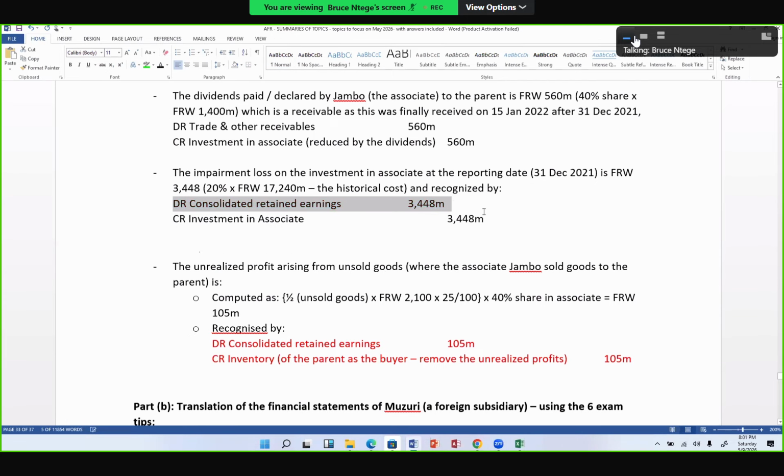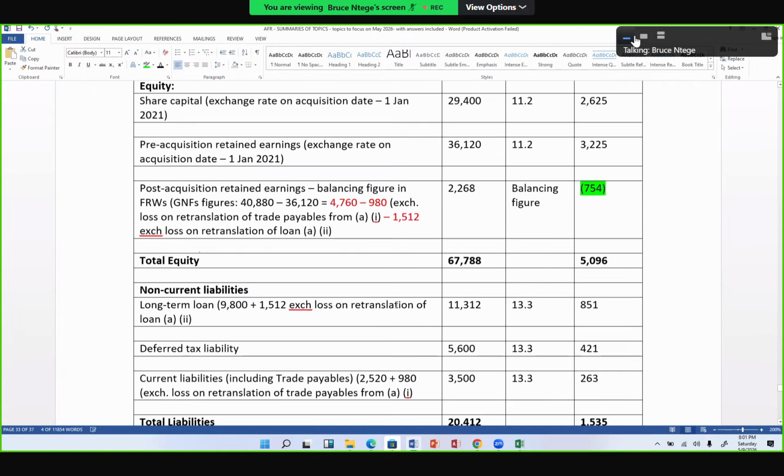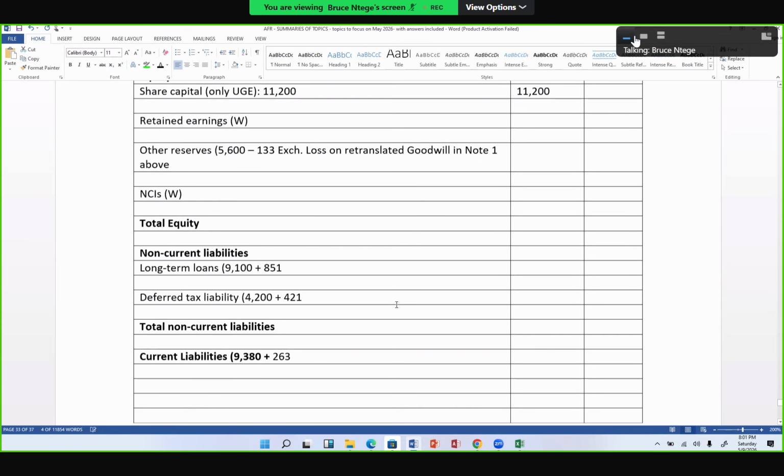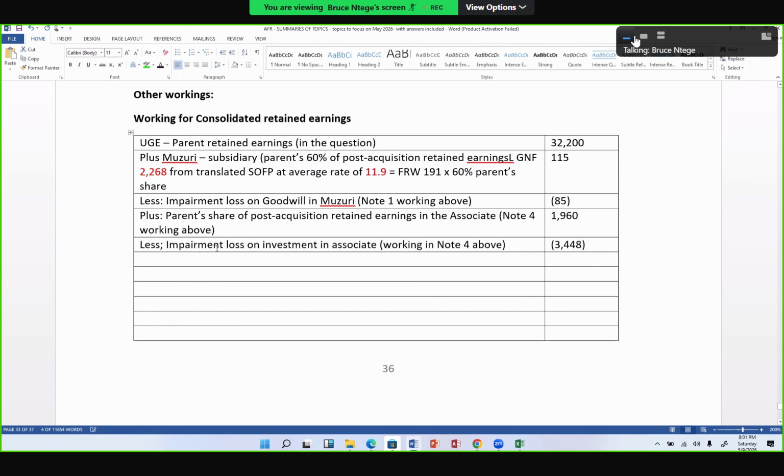Okay, then the final one was the unrealized profit, whereby we are debiting the consolidated retained earnings. That working we've opened below, and we are going to credit a line called inventory with 105. Okay, so let me start with the debit of the 105 in that working called consolidated retained earnings. So that working is just down here. So here it is. A debit is a minus. So I'll come in here and say less the unrealized profit.